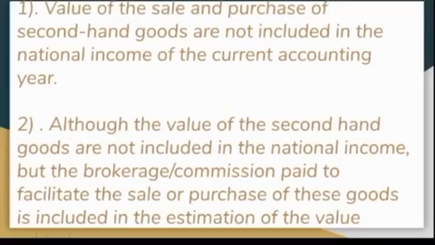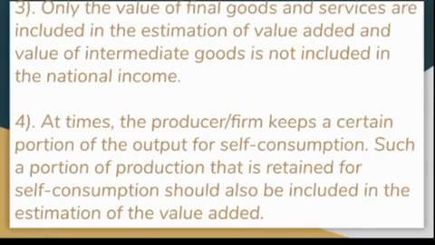If any agent is there, it is his profession, so that commission will be his income. In that case this factor income will be included. Next point here says that only the value of final goods and services are included, and not the intermediate goods. So only whichever final value will be there, that we have to include.